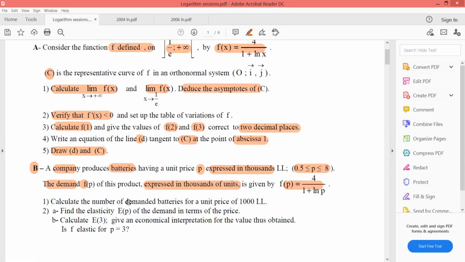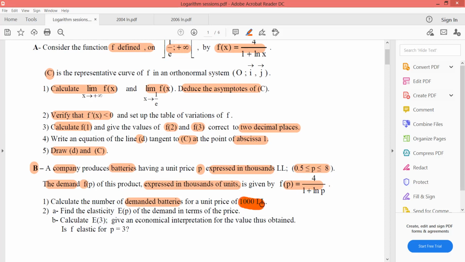Calculate the number of the demanded batteries. So we are going to calculate the demand. Here we have two variables. P represents the price and f of p represents the demand. So always given one of them, either the price, we need to calculate the demand, or we have the demand to calculate the price. We are going to calculate the demand for a unit price of 1,000.